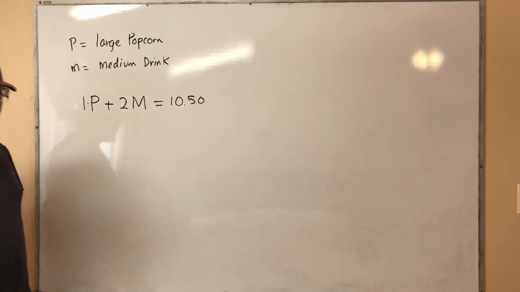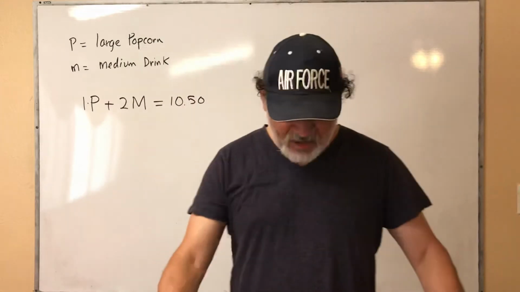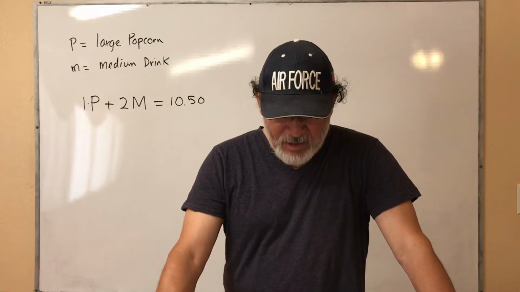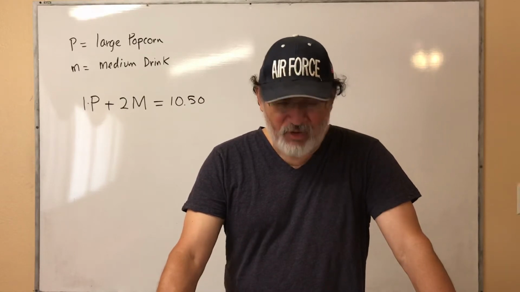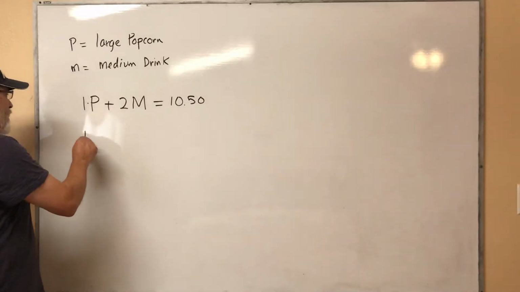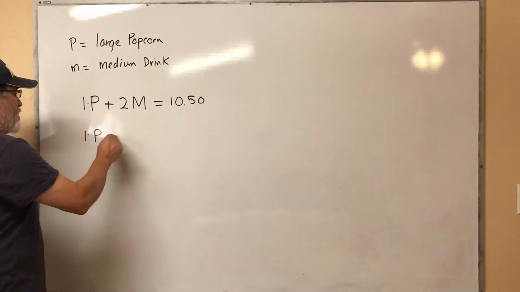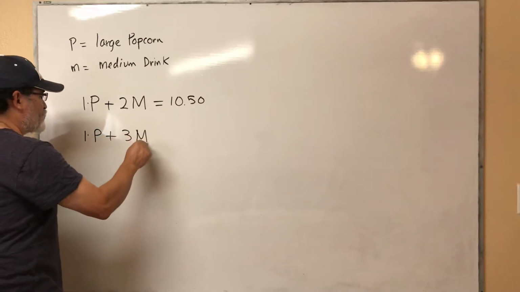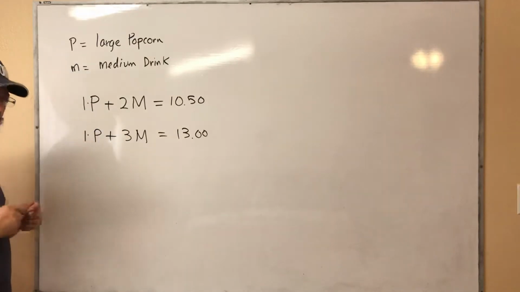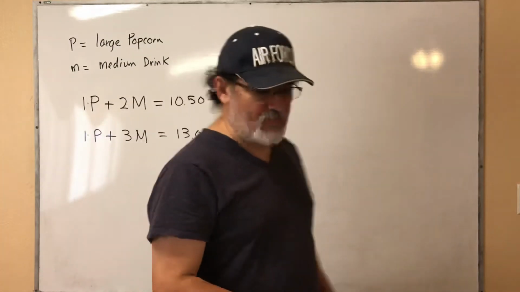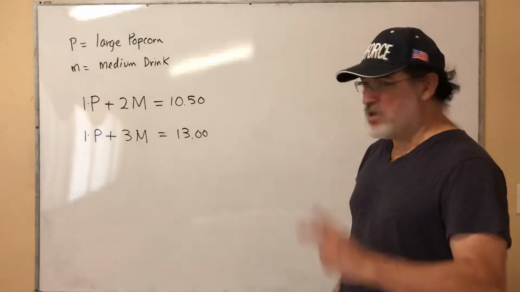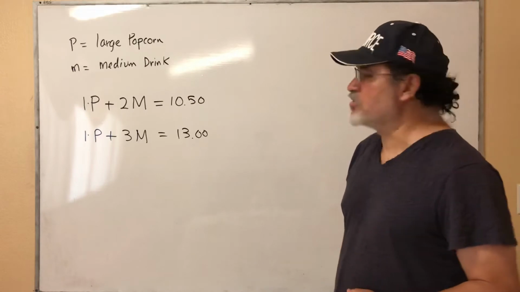What else does it say? It also says another package offers 1 large popcorn and 3 medium drinks for $13. 1 large popcorn plus 3 medium drinks equals 13 bucks. So note, this is a system of equations, 2 equations and 2 unknown variables.